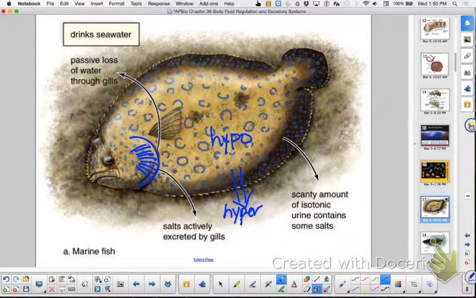But those areas of the gills are where they're vulnerable, because if their body is hypotonic, they're going to tend to lose water passively through those gills.